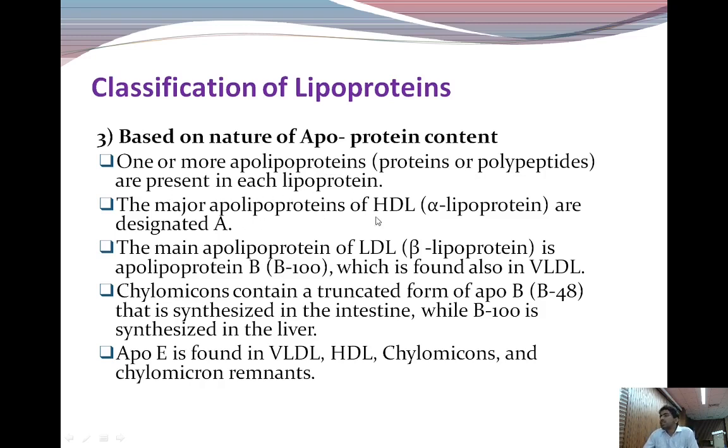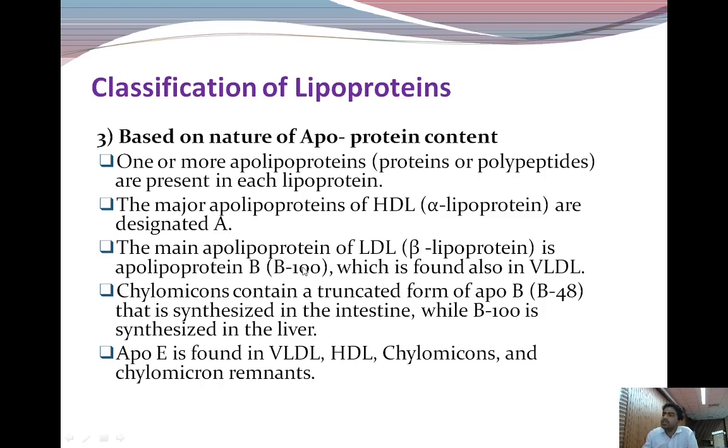The major protein of the alpha lipoprotein according to electrophoresis is designated A. So ApoA is the major apolipoprotein of HDL. Remember that ApoA is mainly associated with HDL, and in LDL, the major protein is ApoB, apolipoprotein B. LDL and VLDL both contain ApoB, while HDL contains ApoA.